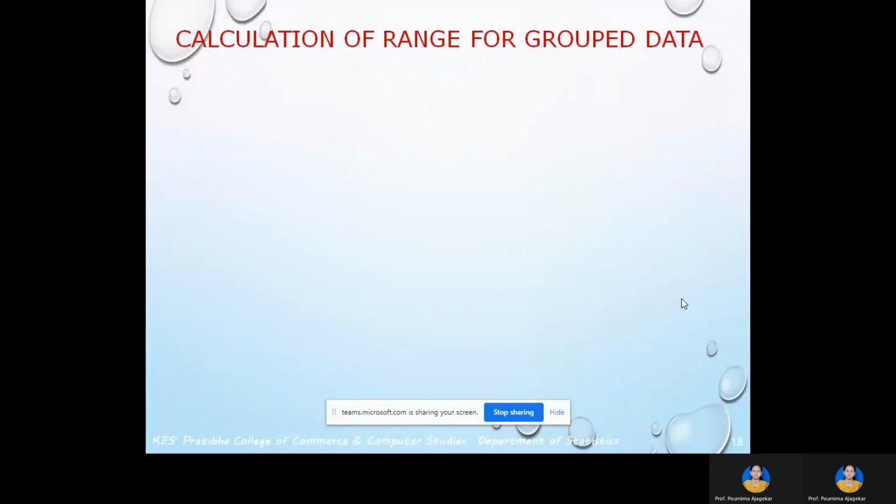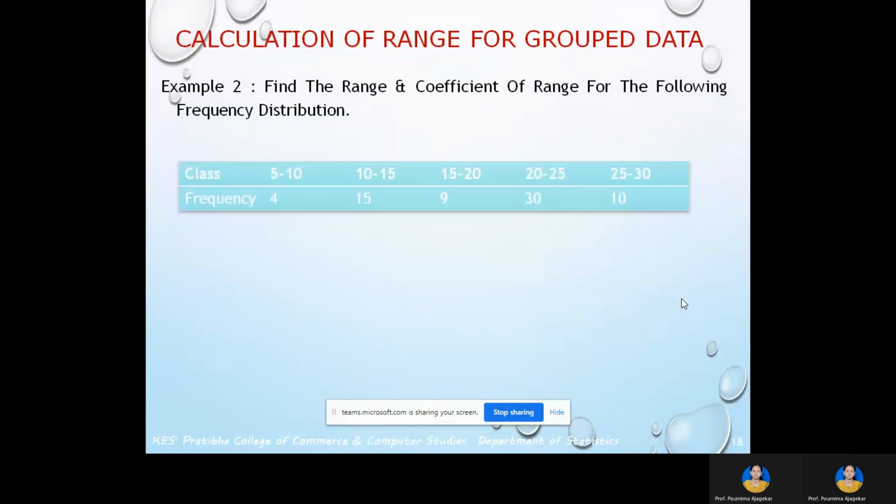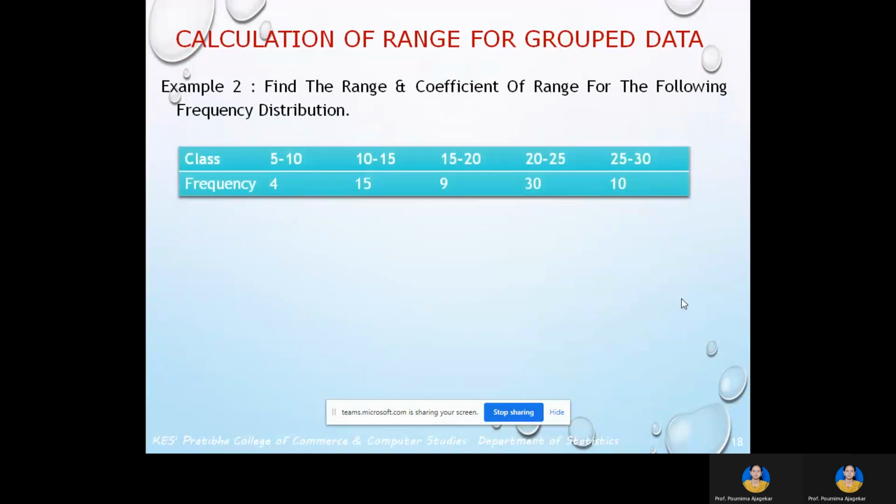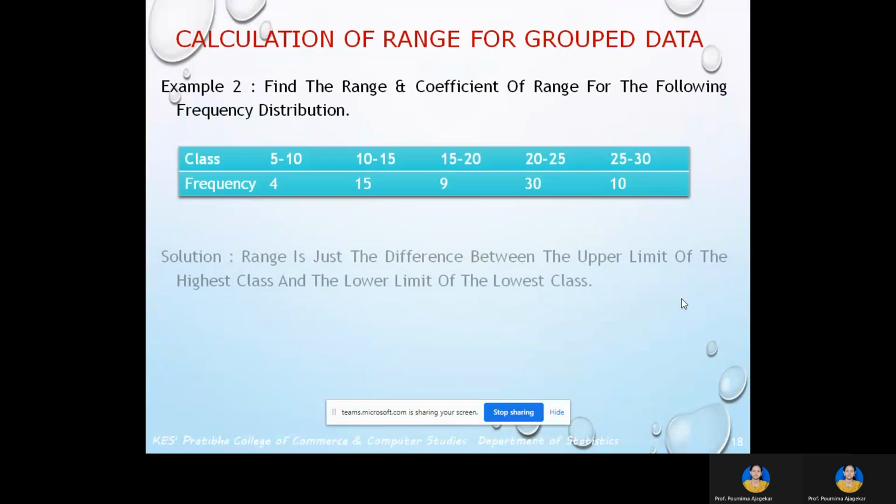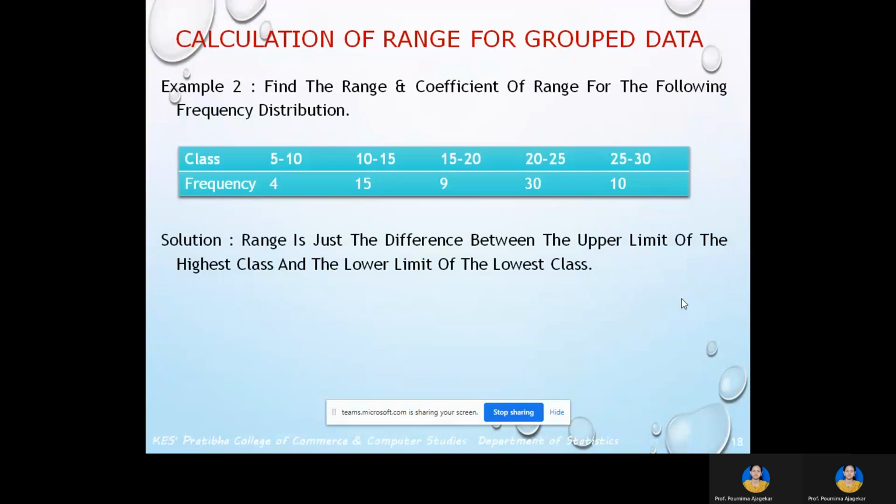Now we will calculate the range for grouped data. Find the range and coefficient of range for the following frequency distribution. So here we have the grouped data, in the form of class intervals and frequencies. In this case, range is just the difference between the upper limit of the highest class and the lower limit of the lowest class.